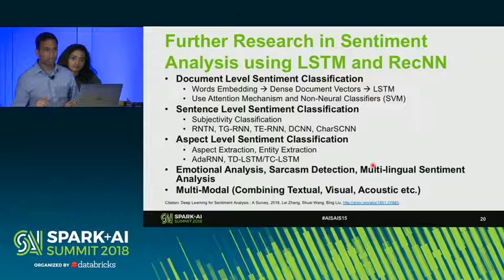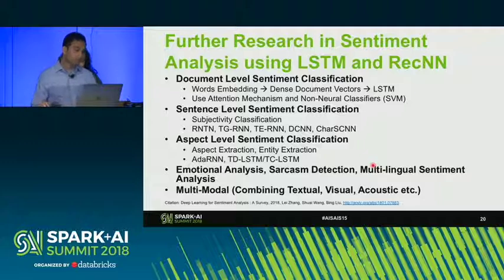Sentence level classification essentially does some kind of subjectivity classification to figure out if individual sentences are opinionated or not, and then does further analysis. Aspect level deals with nuances of an entity or features. A single entity might have multiple nuances or features, and each one of them might have different opinions. So that's more fine-grained, and a little more complex.